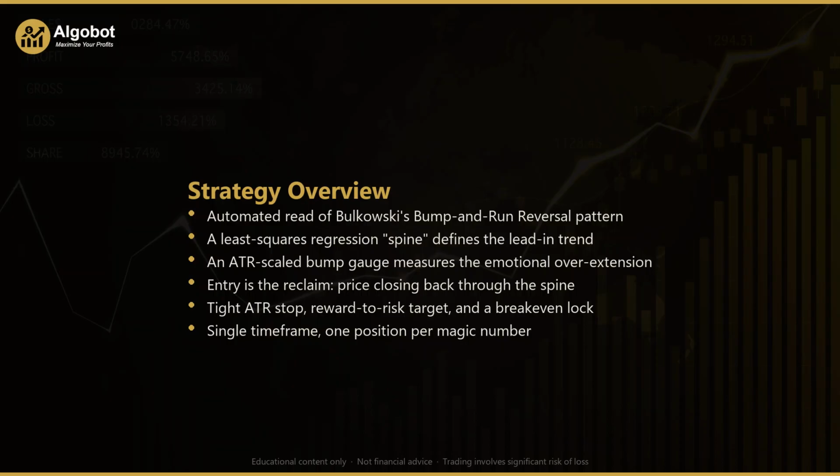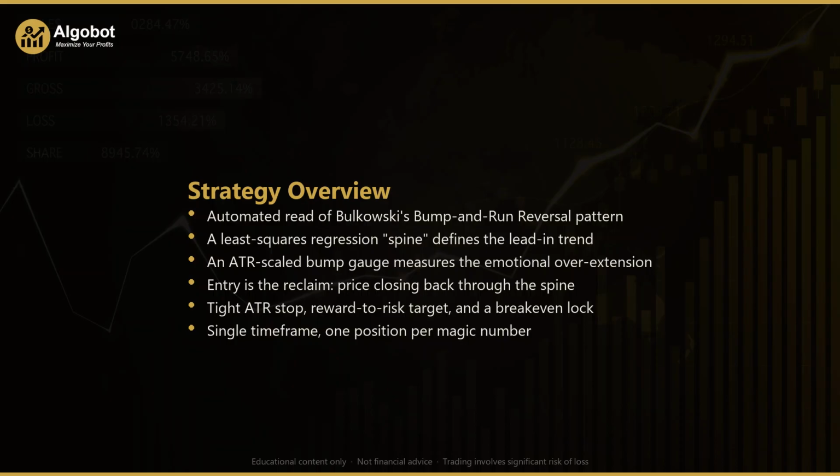To do that objectively, the expert advisor works on a single time frame and uses three ingredients. First, it fits a least squares regression line over the most recent block of closed bars. That line is the spine, and its slope describes the gentle background trend. Second, it measures how far price has stretched away from the spine over the most recent slice of the window, comparing that stretch to the average true range.